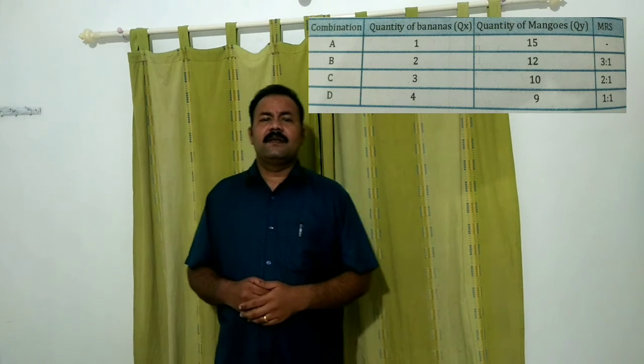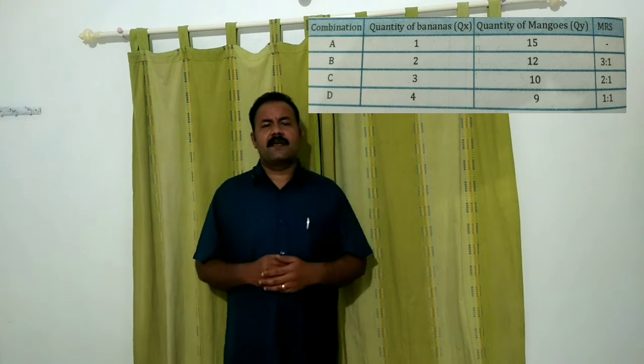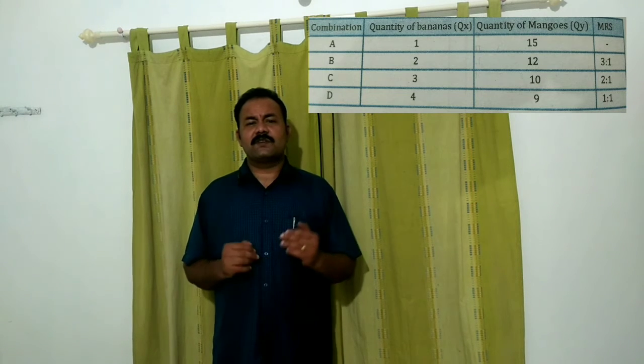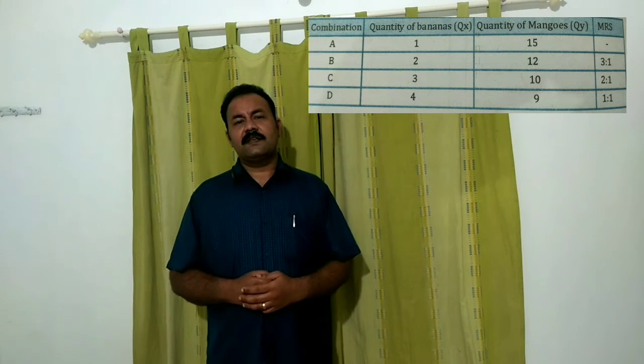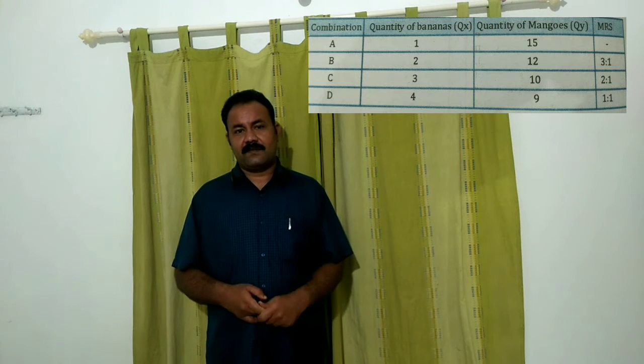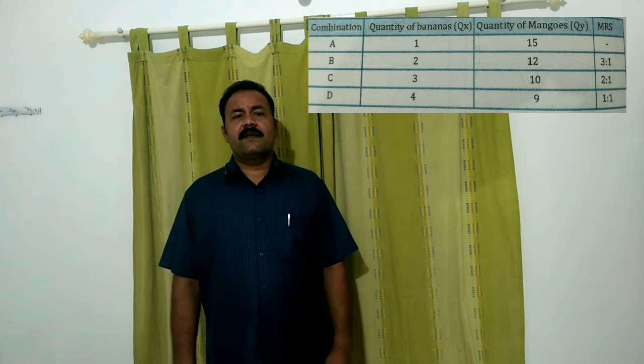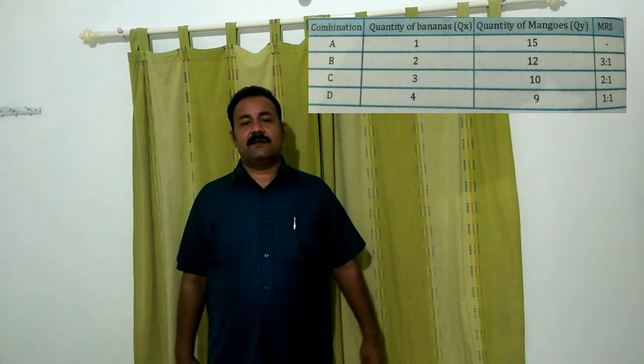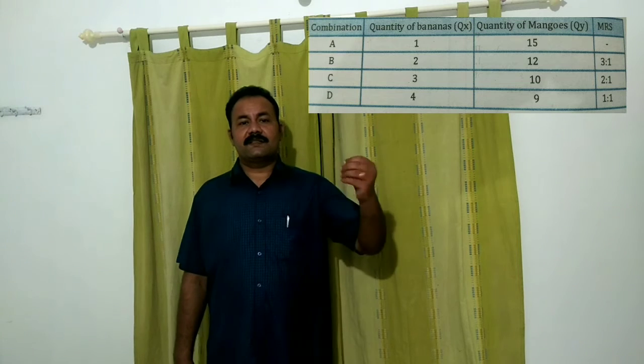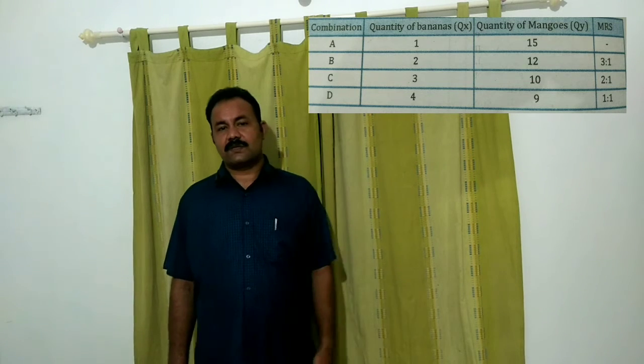Here, in this table we can see the marginal rate of substitution is decreasing. In the first case, there we can see the changes or substitution. That is why we are not considering marginal rate of substitution there.